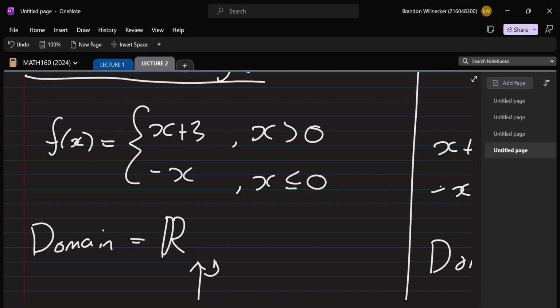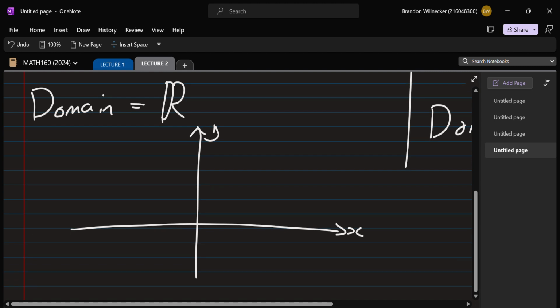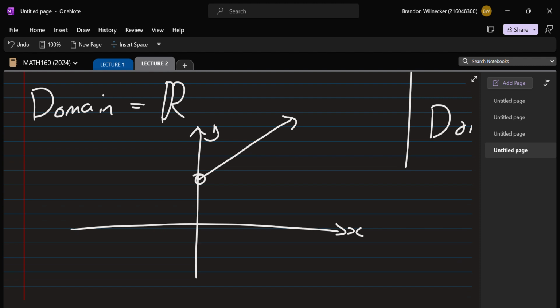So we're going to start at x as 0, but remember, open circle, not including it, and it's going to be x plus 3. So again, 45-degree line, shift it up by 3. That's going to look something like that. Okay, we're not including x equals 0, so that's an open circle. It does not form part of that subdomain. And then it's just a 45-degree line going out like that.